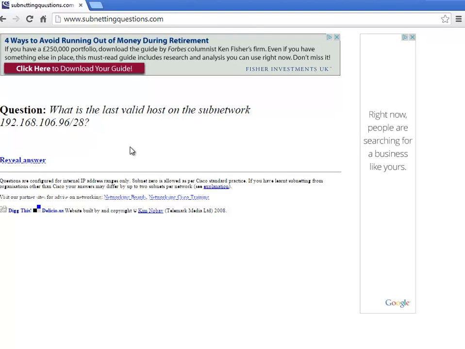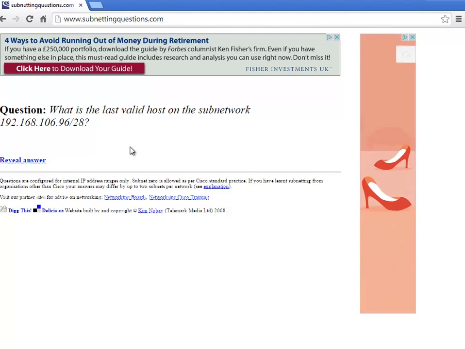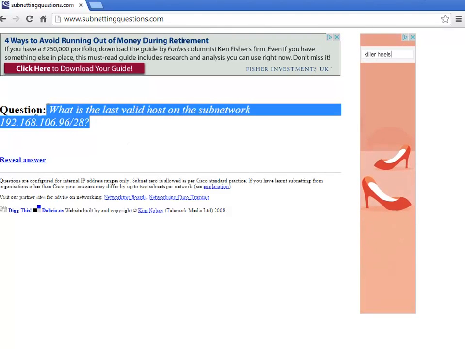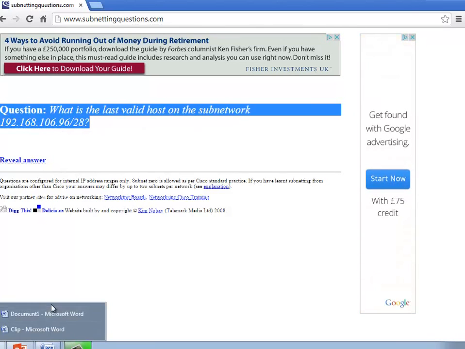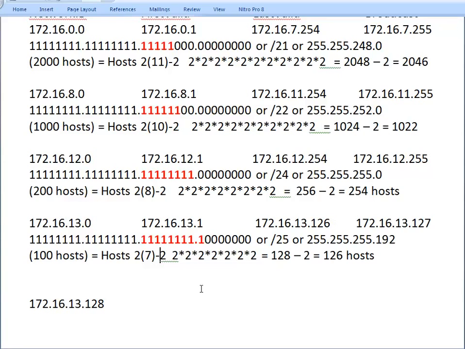So for example, let's take a few questions here. The first question is: what is the last valid host on this subnet network? Okay, so I'm going to put it in my document here.